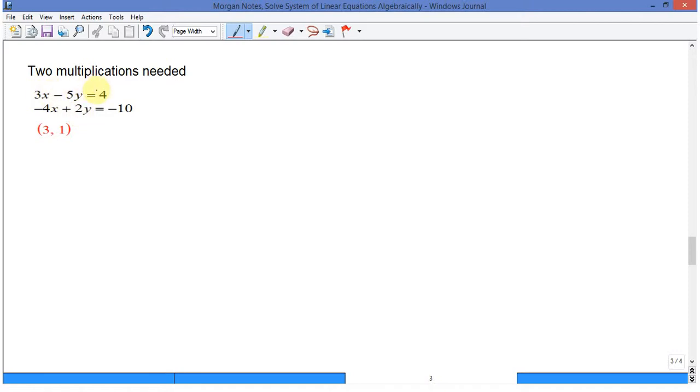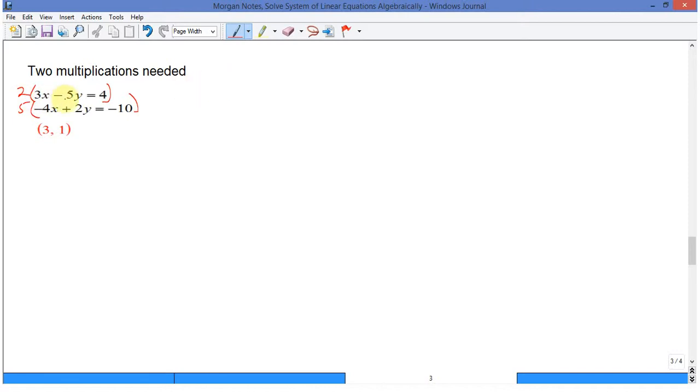So I'm just going to pick the y's. If I multiply this first equation by 2, that's going to give me a negative 10y. If I multiply the second equation by 5, then that would give me a positive 10y. So when I add the equations together, the y's would cancel out. So let's go ahead and do that multiplication.